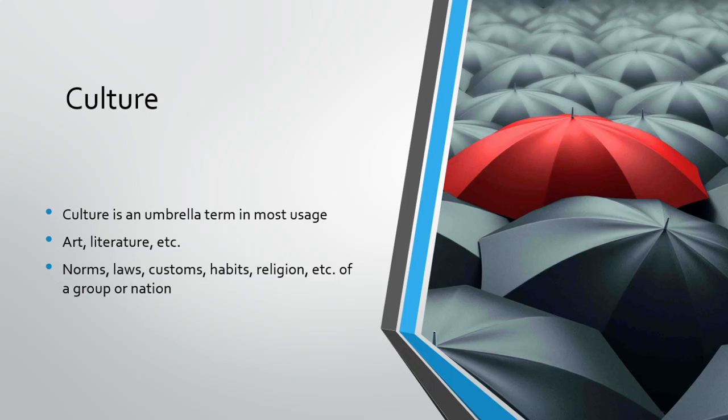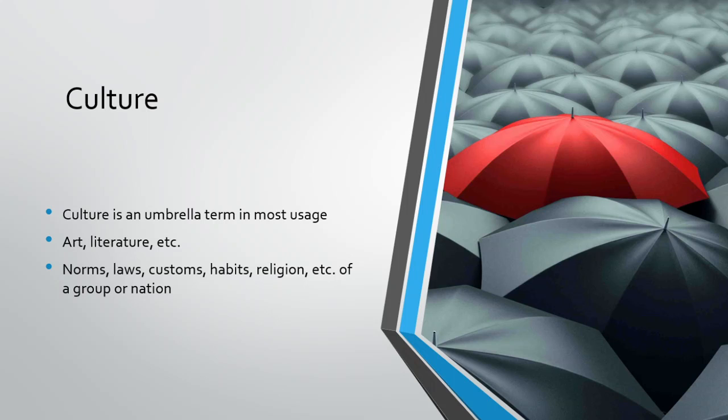Culture is an umbrella term in most usage. Culture can be a lot of things. It can be something you do to milk to turn it into buttermilk. It can be a reference to art, literature, etc. of a group of people.